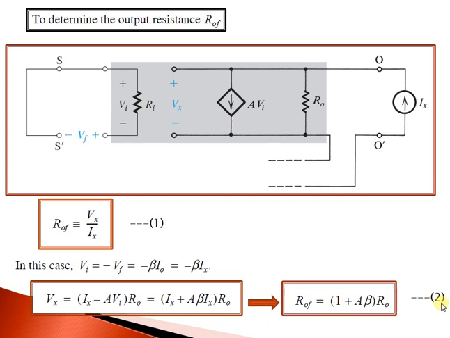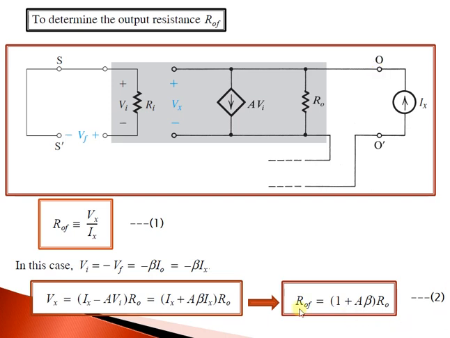What we can conclude here is that negative feedback increases the output resistance with feedback, because negative feedback tries to make the output current I0 constant in spite of changes in output voltage, which means the value of ROF increases.